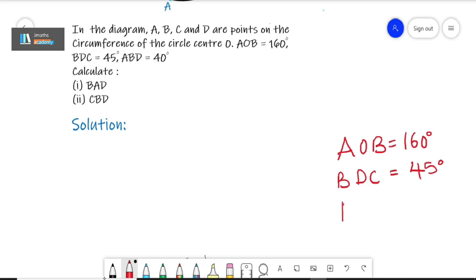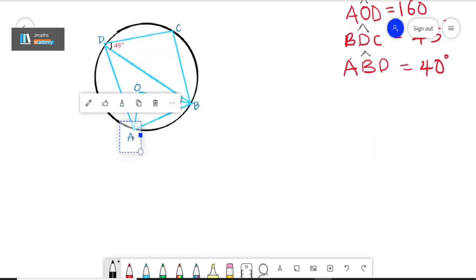And lastly, the angle ABD is equal to 40 degrees. If we look closely, the angle AOB lies at O, for angle BDC the angle lies at D, and for angle ABD the angle lies at B.